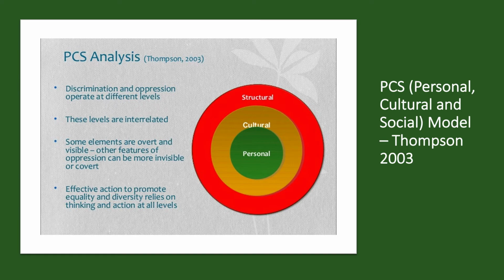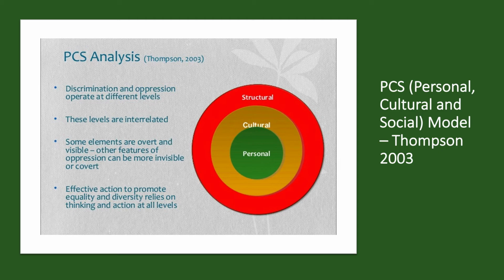So for example, let me give you a really, really basic example of this. If you think in parts of the world where women are not allowed to drive cars, that is a form of discrimination and it's oppression, and it's to do with the structures in those societies. It has become part of the law that women are not allowed to drive. That is unacceptable in many societies.